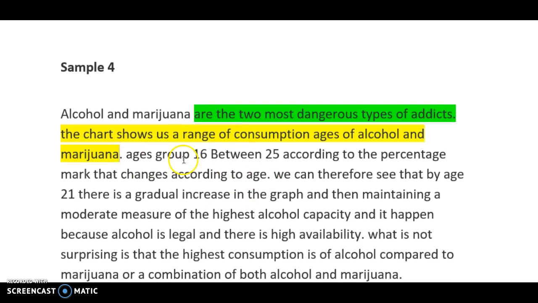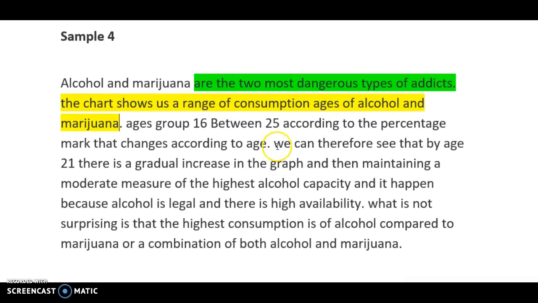Between the age group between 16 and 25, according to the percentage, mark the changes according to age. We can therefore see that by age 21, there's a gradual increase in the graph. And we look here, and if we look here, gradual, is that really gradual?